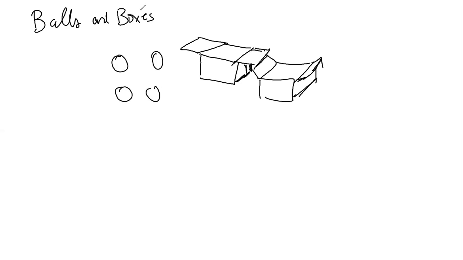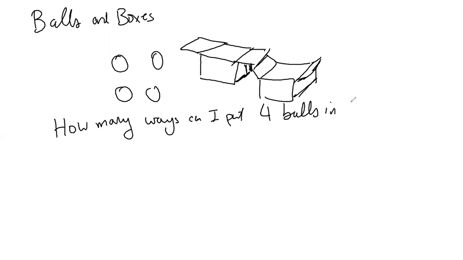All right, so we have 2 boxes, and we're trying to figure out how many ways there are for us to put 4 balls in 2 boxes. And immediately we should hopefully see that there's a twist.